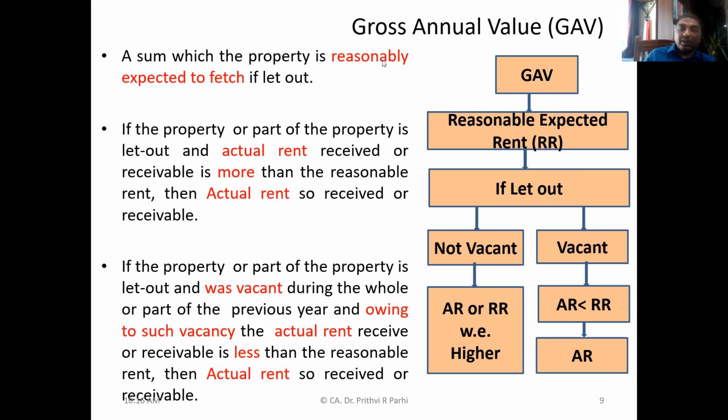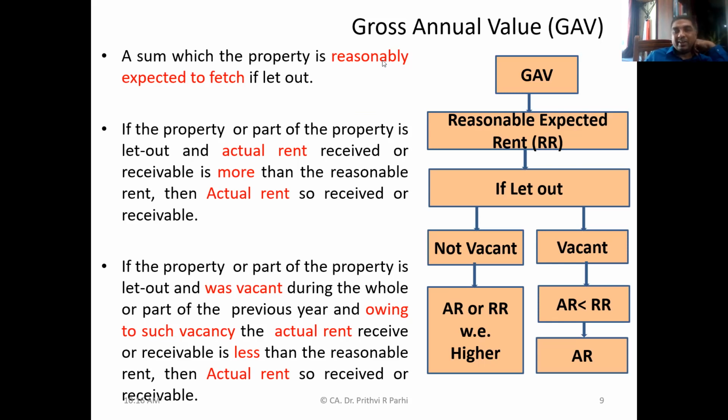But property is actually let out and the actual rent is more than the reasonable rent. That means let us say reasonable rent will be 90,000 annual rent. But actually, property is let out and you are getting rent of 1 lakh rupees.